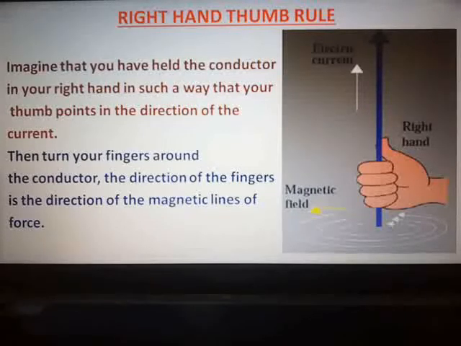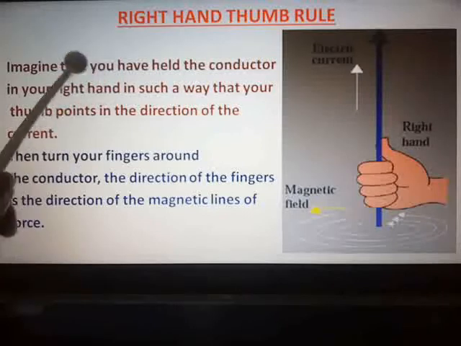You can just show the fingers, the thumb properly, and the flow of current, and which fingers are showing the magnetic field. That much is enough. When you are writing the rule, whether it is the left hand or the right hand, mentioning the hand is very important.